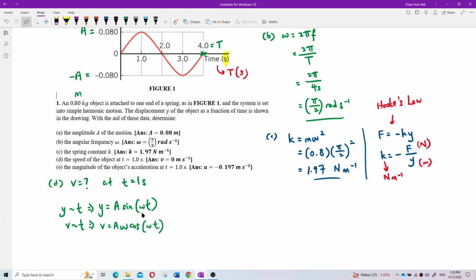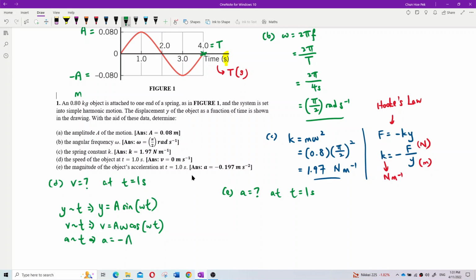Question E asks for the magnitude of the object's acceleration at 1 second, so this also needs the acceleration-time equation.